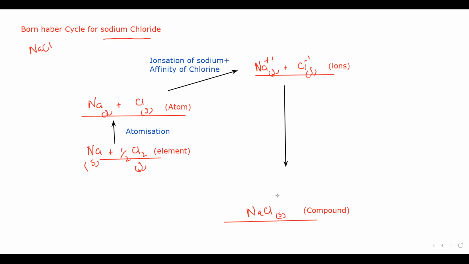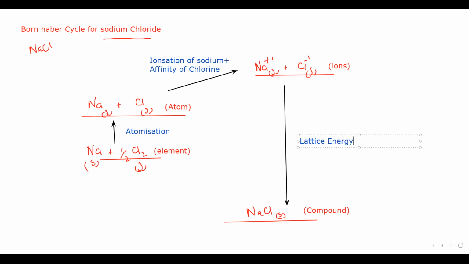And then sodium ions and chloride ions form sodium chloride. When ions form a compound, we call that lattice energy.